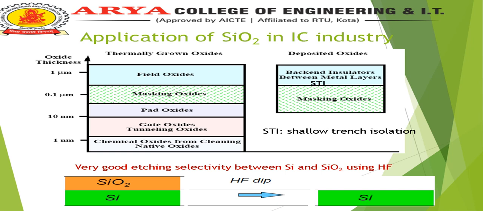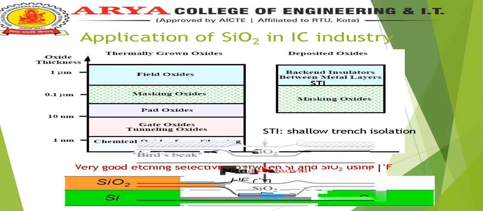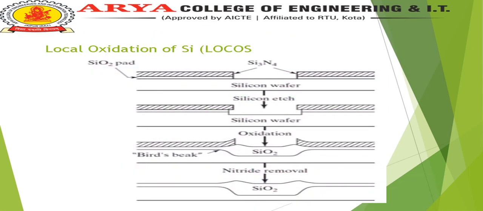So in nanotechnology we also use the thermal oxide layer, or silicon dioxide layer. From micrometer to nanometer we use silicon dioxide layer, and it works very well. It is also used as a backend insulator between metal layers, in STI, shallow trench isolation, and as masking oxide. There is very good etching selectivity between silicon and silicon dioxide using HF.